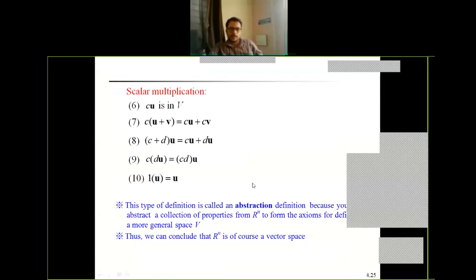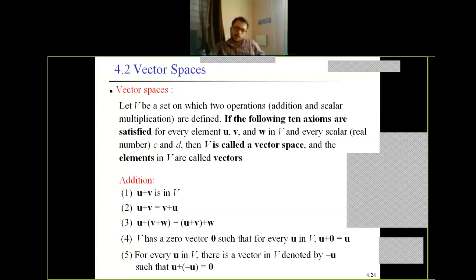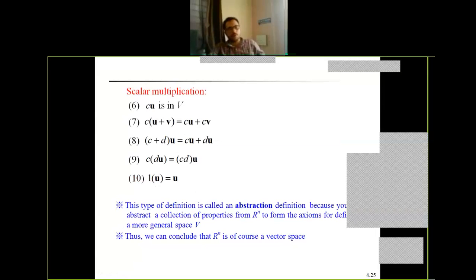And next is scalar multiplication. Obviously, the first five axioms are given by the addition operation, and the next five axioms are given by scalar multiplication. The sixth one is very important, second most important.